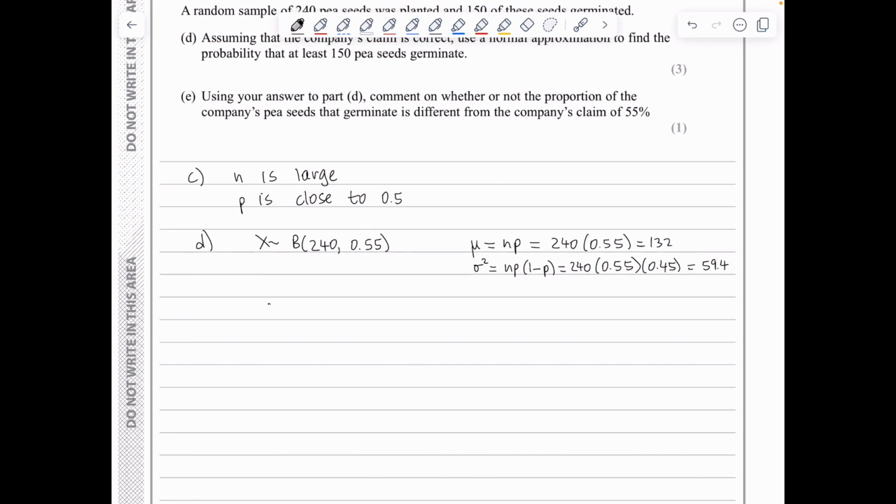So I'm saying that x will be approximated by a random variable t that follows normal distribution with mean 132 and variance sigma squared being 59.4. And we've been asked to estimate the probability of x being greater than or equal to 150. Well, we know that the x, the binomial distribution, is a discrete distribution, whereas the approximating distribution, the normal distribution, is a continuous distribution, and therefore we need to apply a continuity correction.